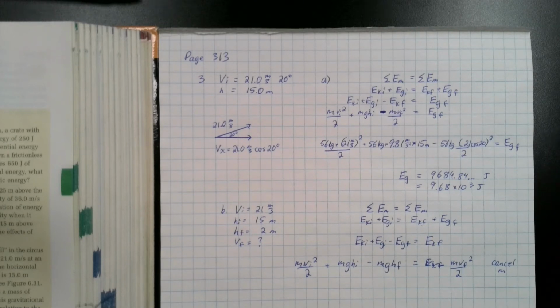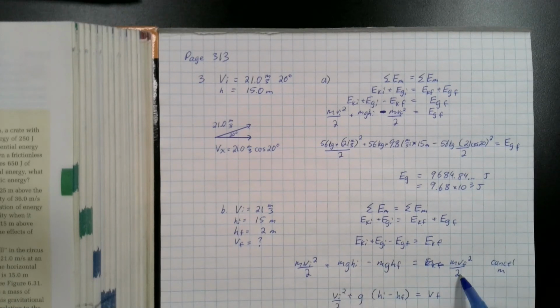So when we do that, our velocity is going to equal brackets h initial minus h final. We are factoring out g, so I'm going to put g in front, plus v initial squared divided by 2.